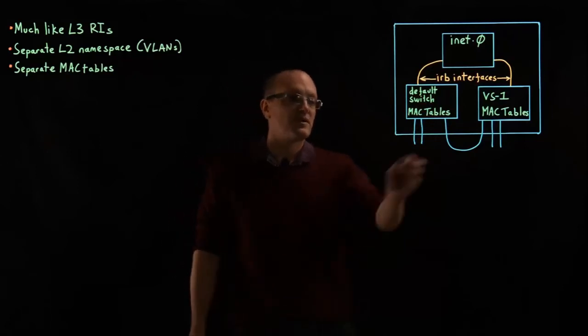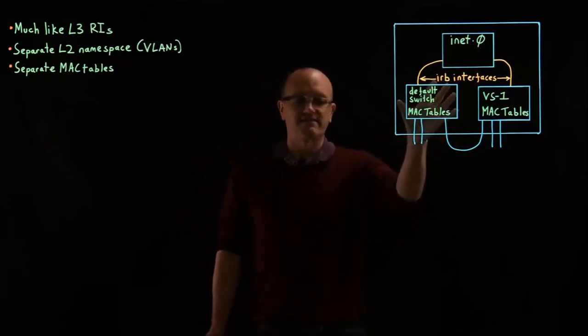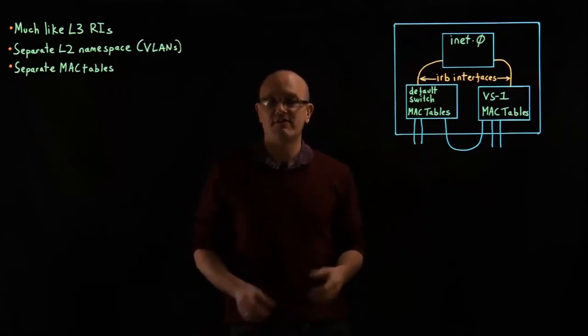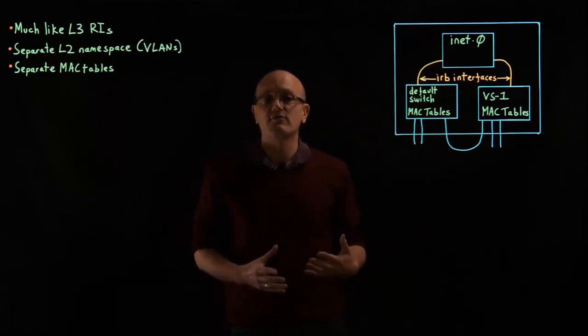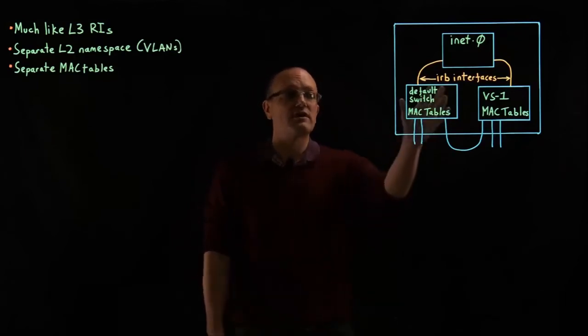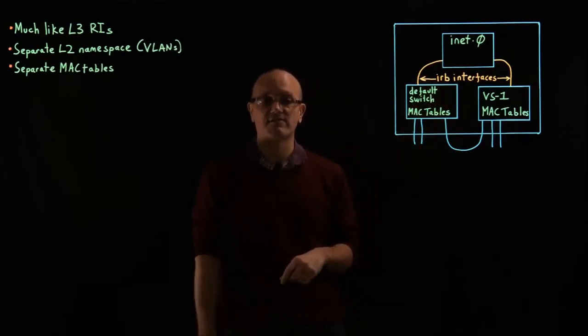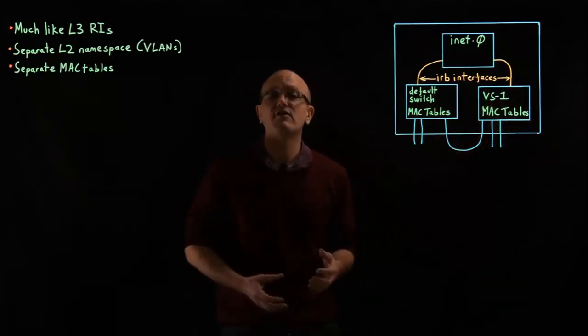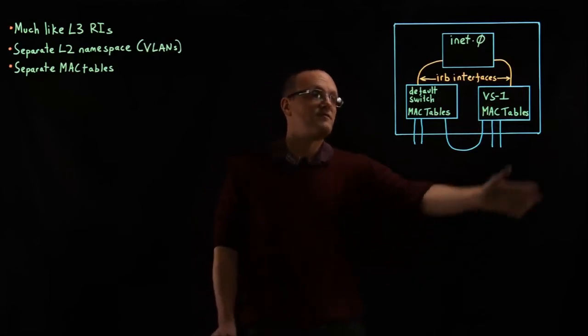We've got the default switch MAC tables down at the bottom. So this is when you have just bridge domains configured outside of routing instances. So just at the parent configuration level, you are configuring bridge domains on your MX device. And we also have an example of a virtual switch configured here, VS1.